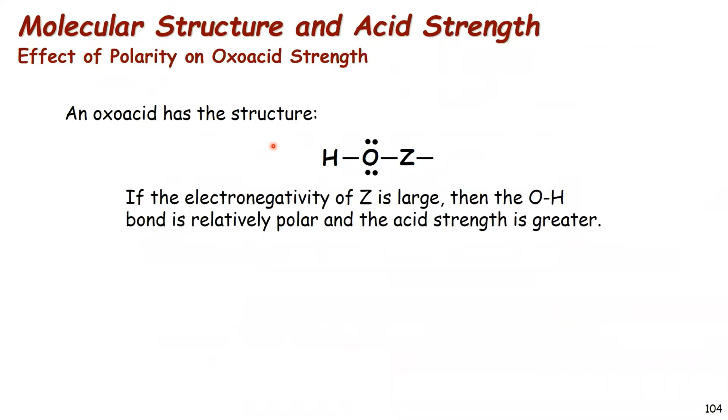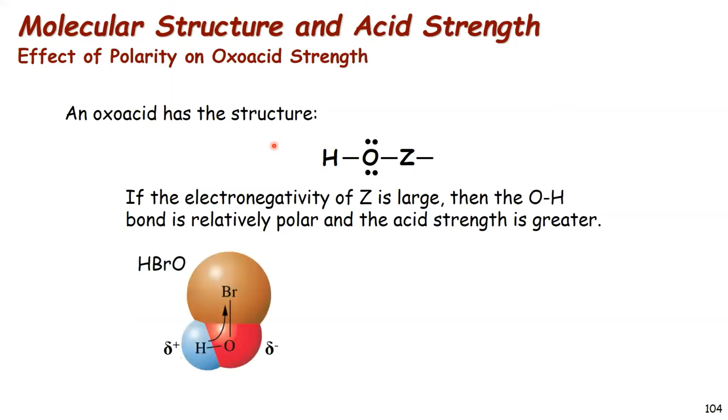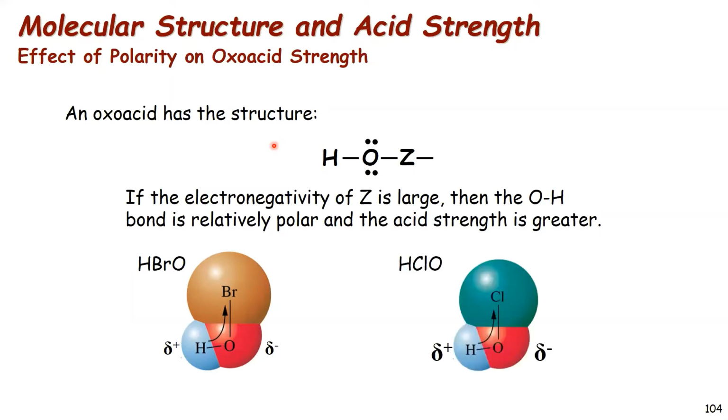Okay, so if the electronegativity of the central atom Z is large, then the OH bond is going to be relatively polar and the acid strength is going to be greater, just like I said. So here's hypobromous acid, and we can compare that to hypochlorous acid. Well, the chlorine is more electronegative than the bromine, so it's drawing those bonding electrons between the oxygen and hydrogen even further away.